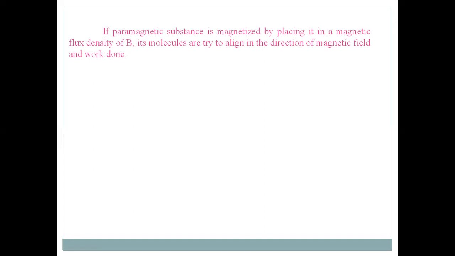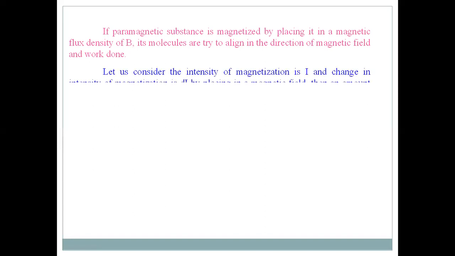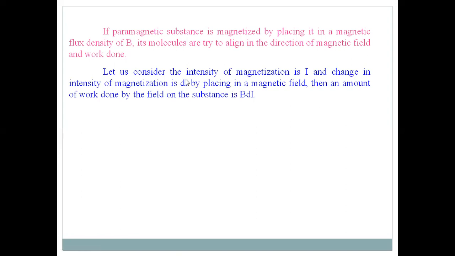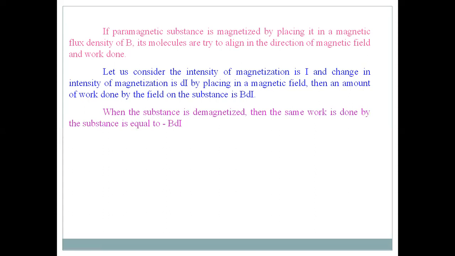Due to this induction, the intensity of magnetization I increases by dI. So how much work is done? This external work done is equal to B dI. So the work done on the material to increase its magnetization is dW equal to B dI.